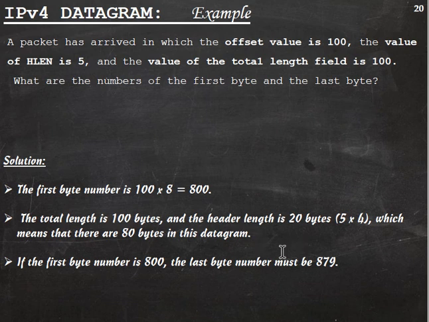If the first byte number is 800, which we already calculated, the last one should be 800 plus 80, so the last byte number will be equal to 879.